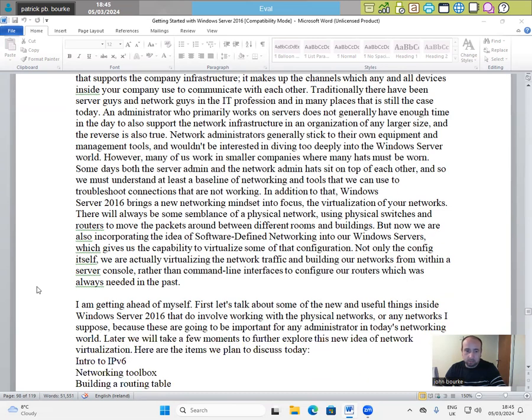But now we are also incorporating the idea of software-defined networking into our Windows servers, which gives us the capability to virtualize some of that configuration. Not only the config itself, we are actually virtualizing the network traffic and building our networks from within a server console rather than command line interface to configure our router, which was always needed in the past.